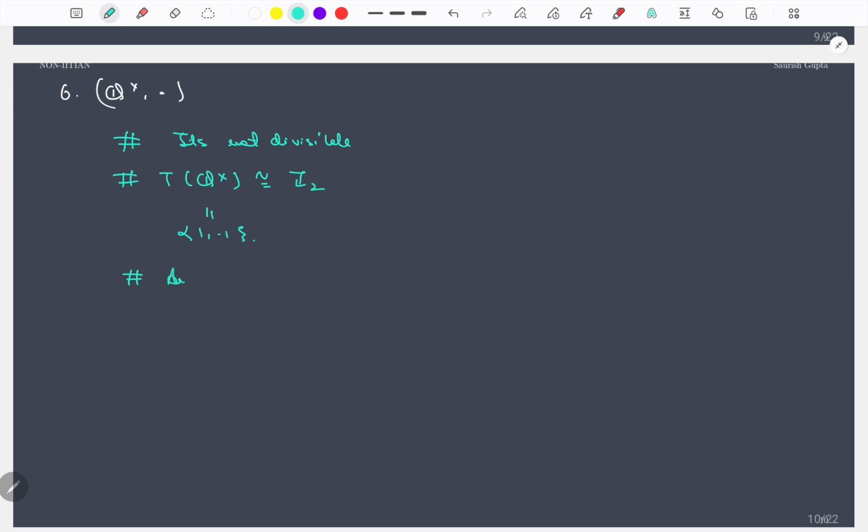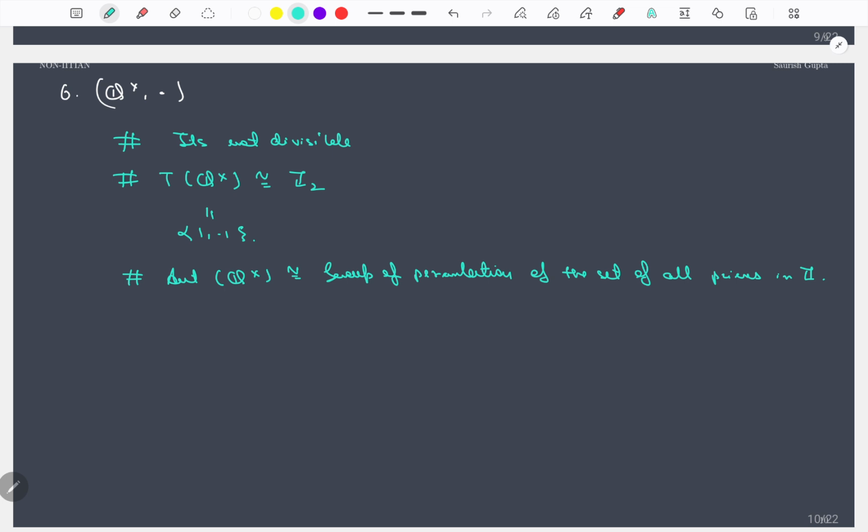The next thing is that the automorphism group of Q cross is isomorphic to the group of permutations of the set of all primes in Z. That's a very interesting structure.